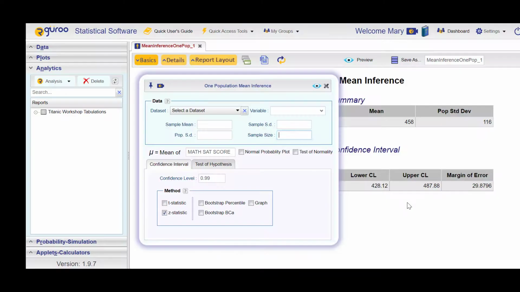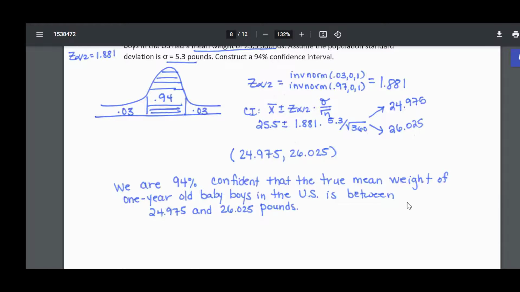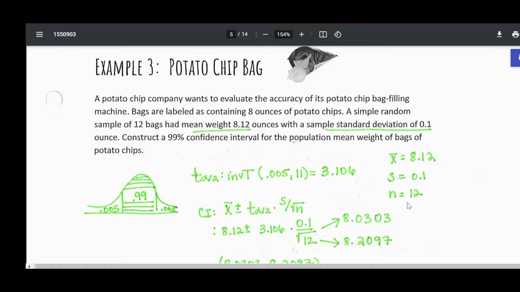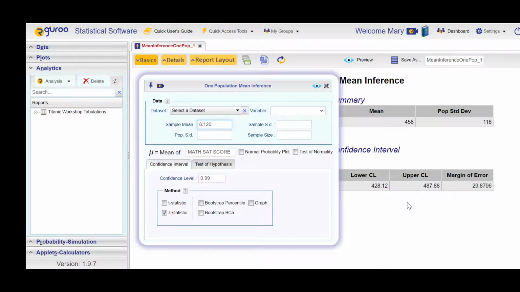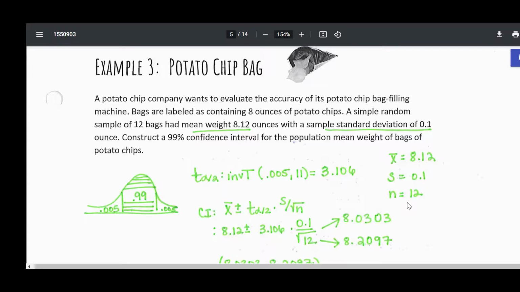So 8.12 is my sample mean. And my standard deviation for the sample is 0.1. So sample standard deviation, 0.1. We're leaving population standard deviation blank, and I believe the sample size was 12.